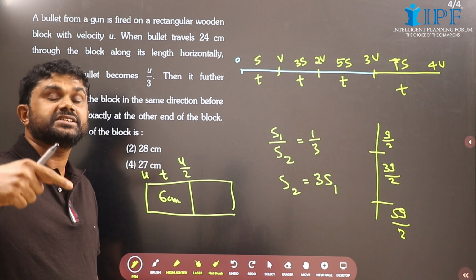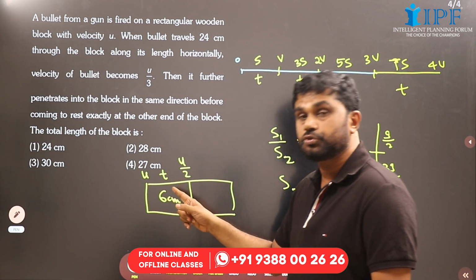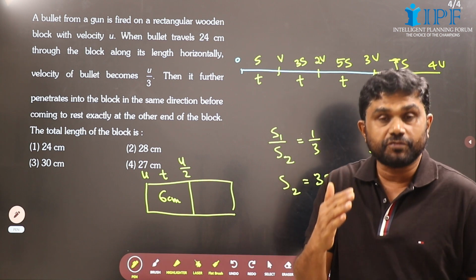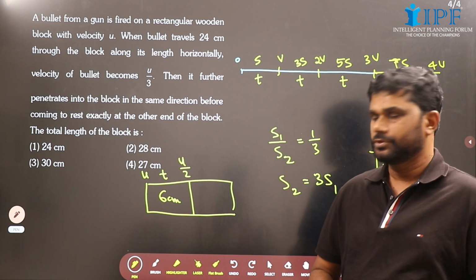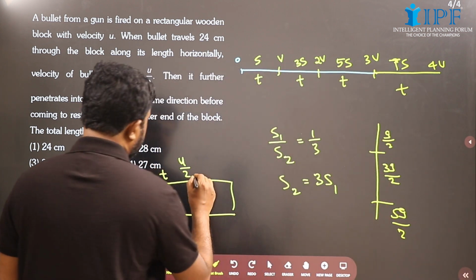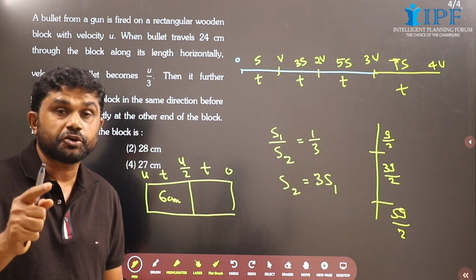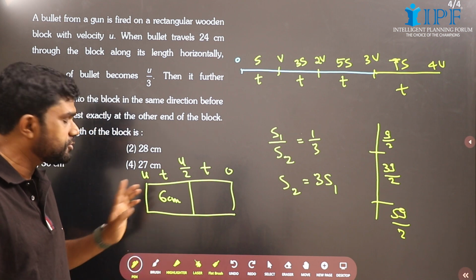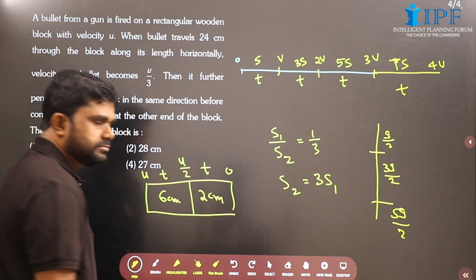Means velocity changes equally in equal time. If it requires t seconds to lose the first half of its velocity, then it will require another t seconds to lose the remaining half. Okay, so in another t seconds its velocity falls to 0. Ratio of displacements will be 3:1. If 3 units equivalent to 6 centimeter, 1 unit will be equivalent to 2 centimeter.